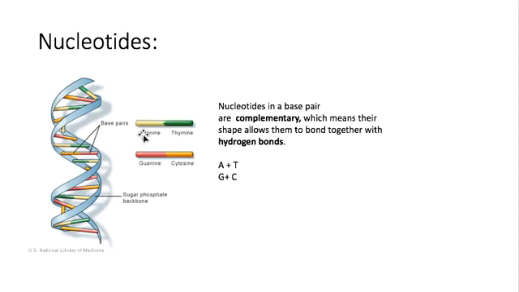In this case, A is complementary with T and G with C. They combine together through covalent bonds known as phosphodiester bonds. So these bonds together create a structure, and that turns into the structure of DNA.